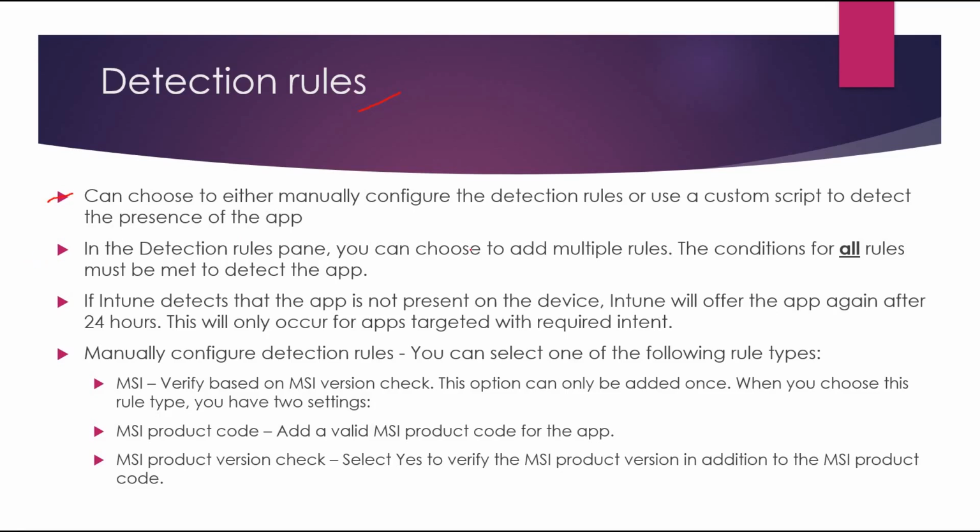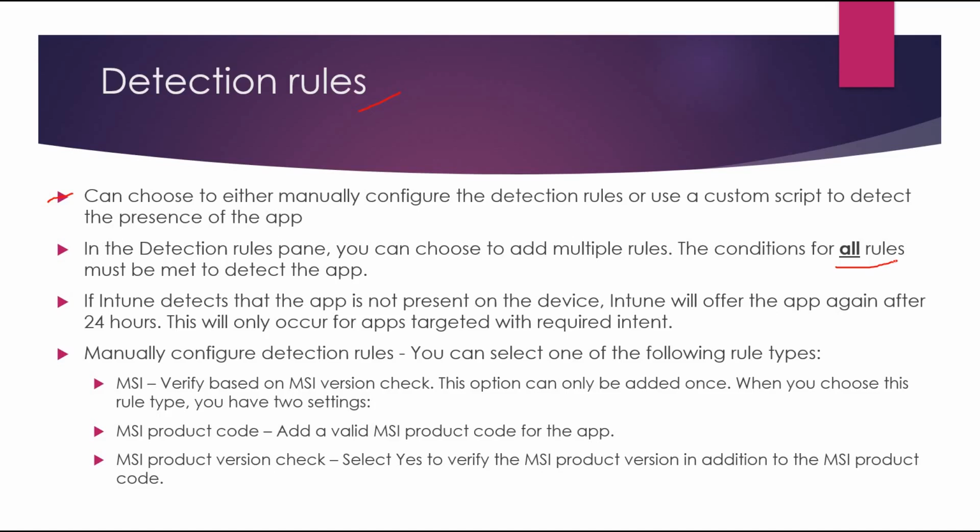In the detection rules pane, we can add multiple rules, and it's going to be an AND of all the rules. I think I saw a DCR request on this once, wherein a customer was saying that there should be an option to do an OR.